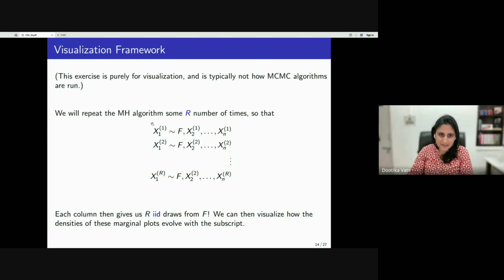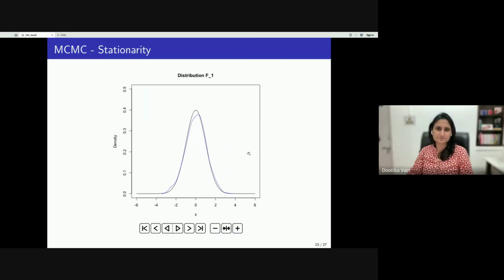So if I gather all my starting samples, these are just R independent copies from f. And then if I draw all of these samples, these are just capital R independent copies of the marginal distribution f2, right? And after that, these are all independent copies of the marginal distribution at time n. This is what we will visualize, just to understand what's going on with the distribution that is induced by the Markov chain.